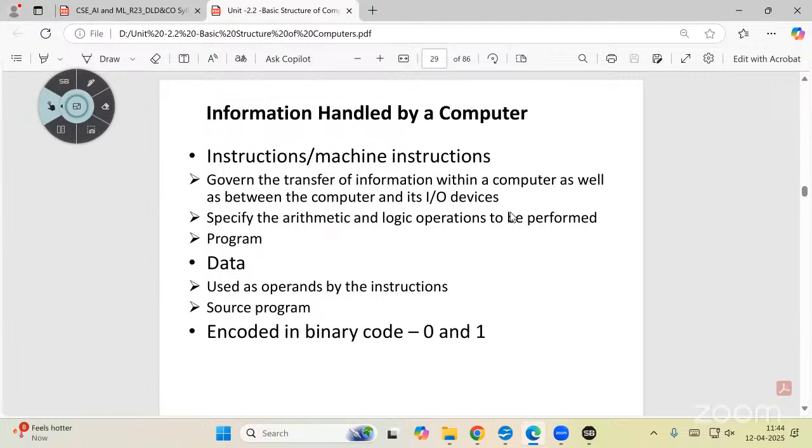Data can be transferred from one device to another device, similarly from the server to all the other computers. That is the data transfer. Then we specify the arithmetic operations, such as addition, subtraction or division, which the ALU can perform, or the logical operations: AND, OR, NOT, XOR, NAND, NOR and XNOR.